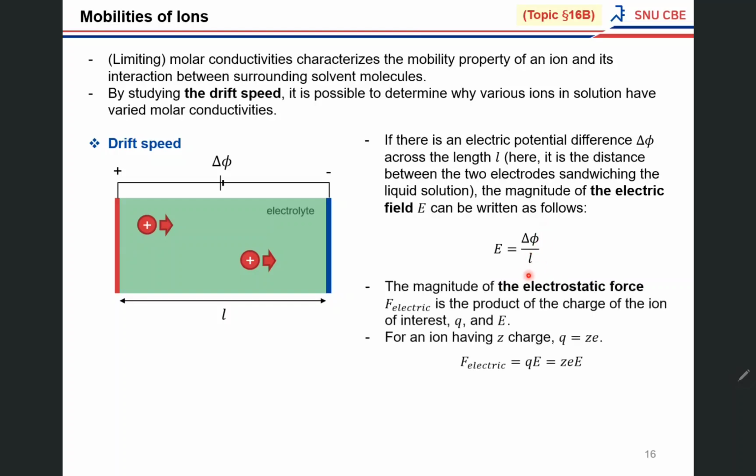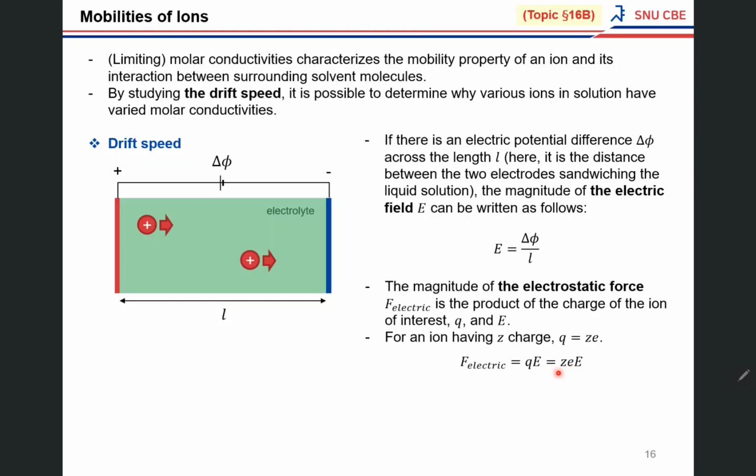At the same time, each ion has a charge, for example plus one cation or plus two cation, and that number of charges is denoted here as small z. So the charge possessed by one ion is Q, which is the product of z and e.